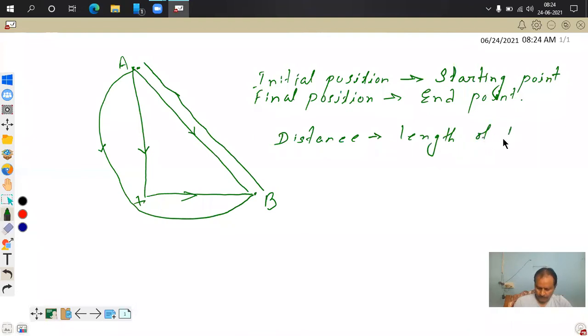Length of path. Correct. Now displacement. Shortest path.